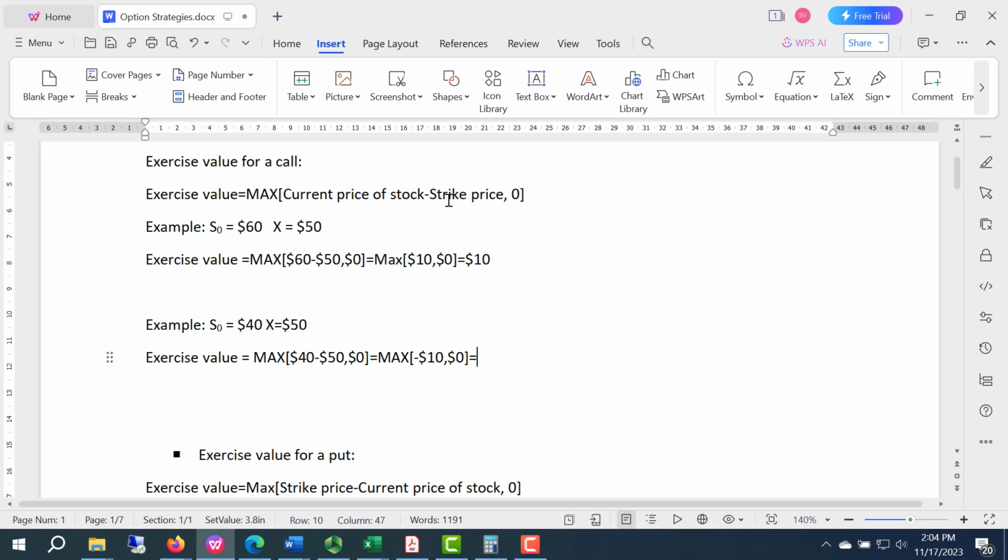So in this case, the option holder, the person who purchased that option, would choose not to exercise the option because they would be paying $50 for a stock only worth $40.